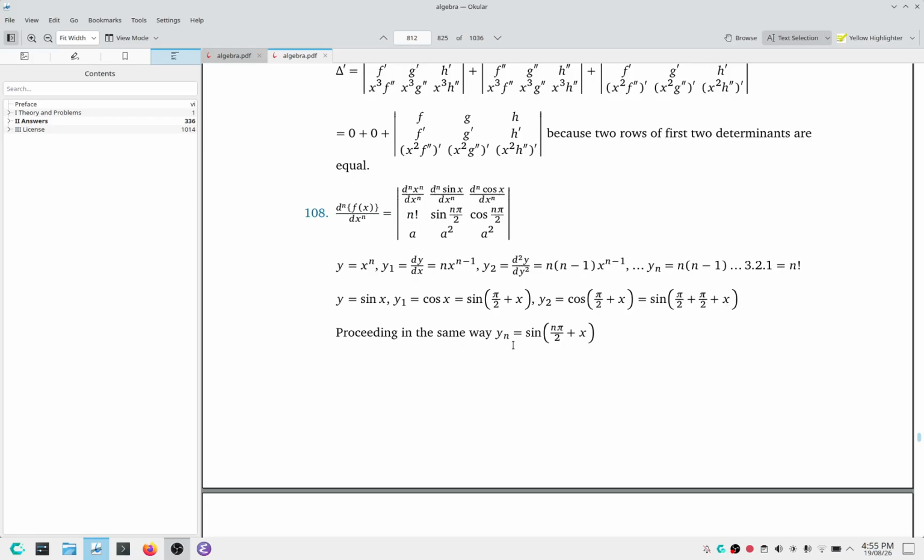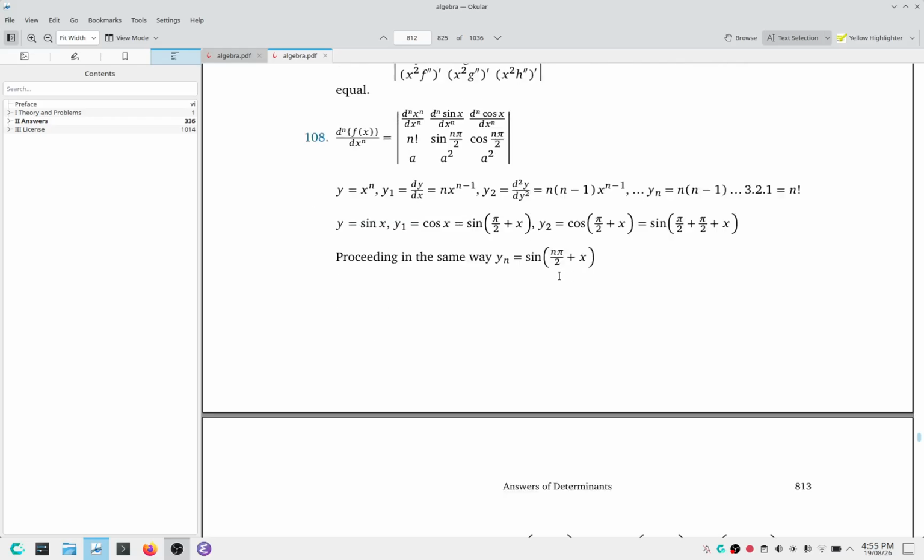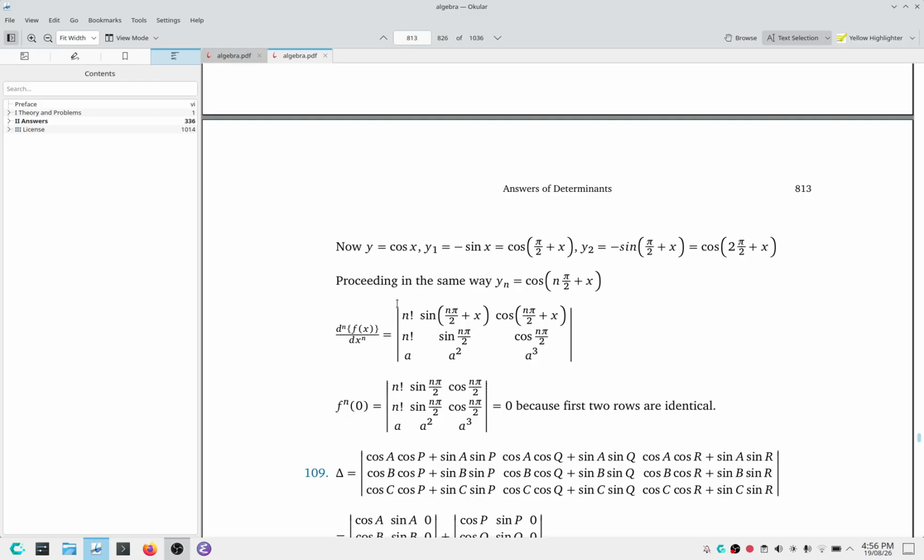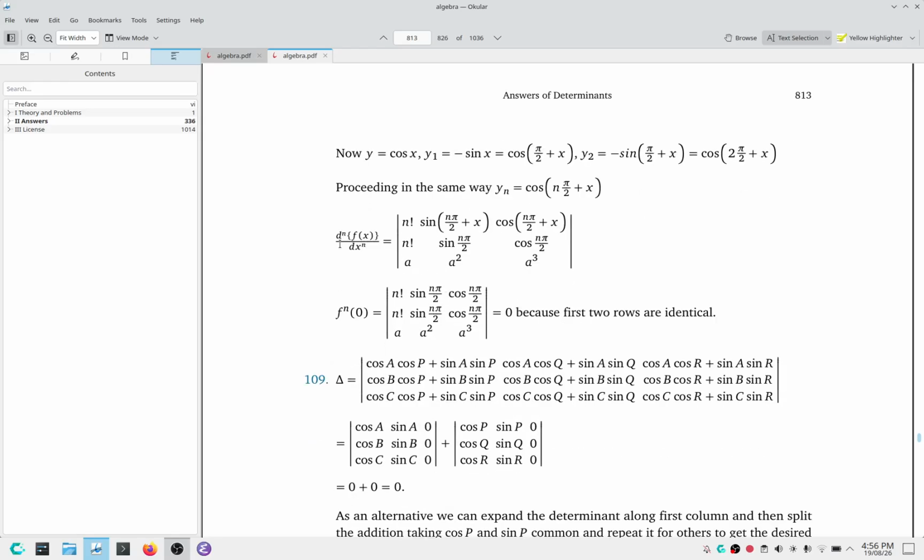So proceeding similarly, yn will be sin of n pi by 2 plus x. Similarly, we will have the same story for cos x. It will become cos of n pi by 2 plus x. So our nth order differential has n factorial, sin of n pi upon 2 plus x, cos of n pi upon 2 plus x in the first row, and n factorial, sin n pi by 2, cos n pi by 2 in the second row.